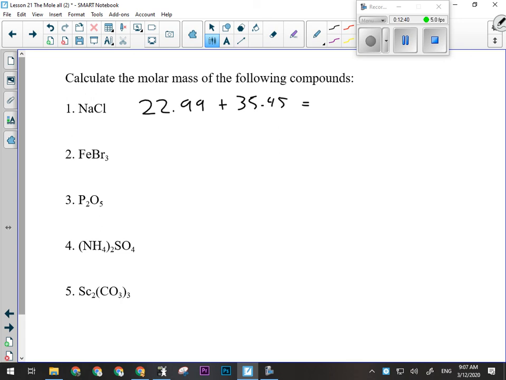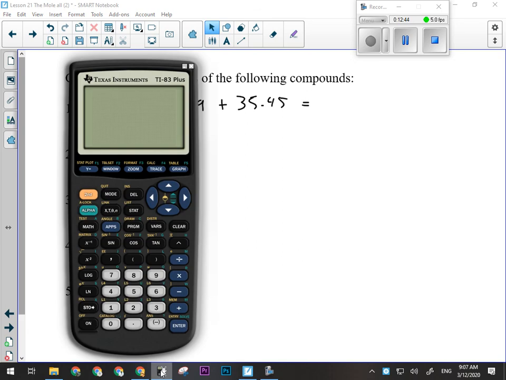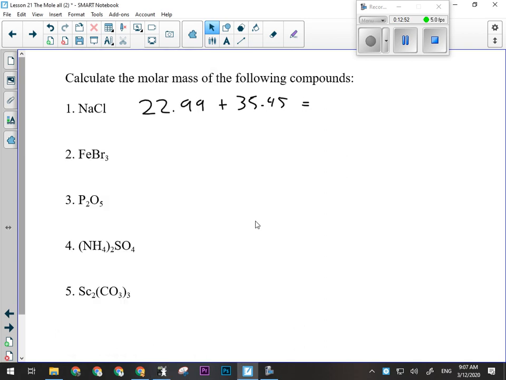So when we add those two together, 22.99 plus 35.45, is 58.44 grams per mole. So that's our molar mass for sodium chloride.